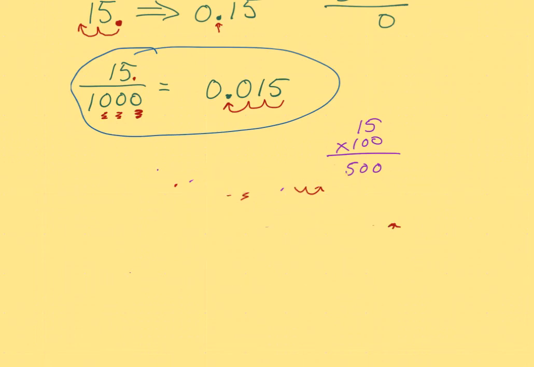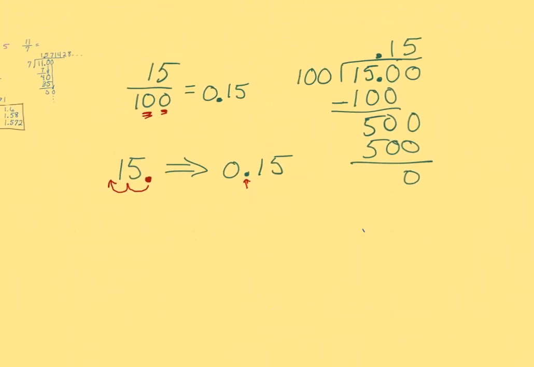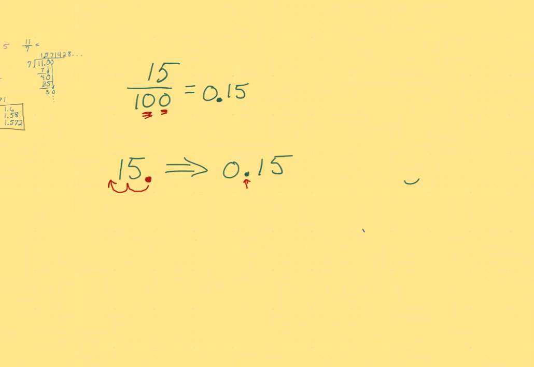Because 15 over 100, or 15 hundredths as a fraction, does equal 15 hundredths as a decimal, but it is equal to so much more conceptually also. Because when you look at it, you have 15 over 100. You are doing a division there. And what are you dividing by? You're dividing by 100.